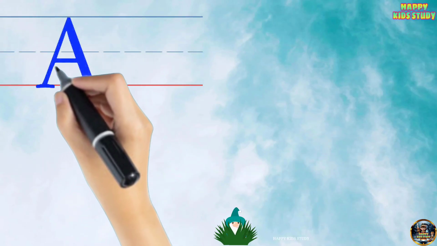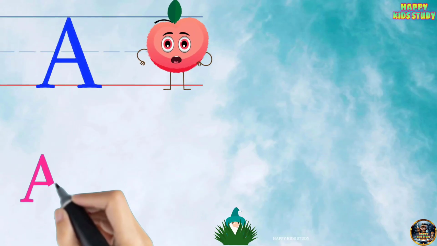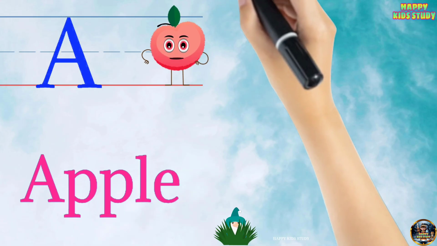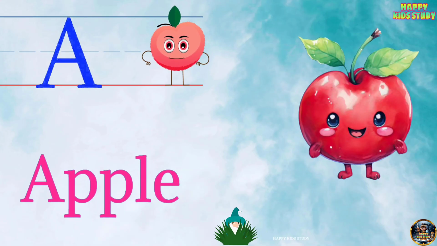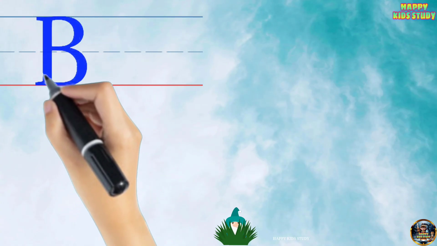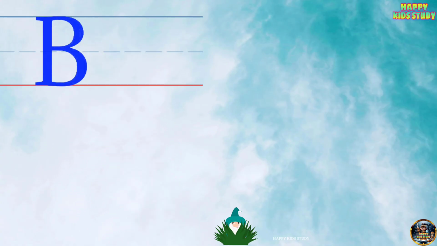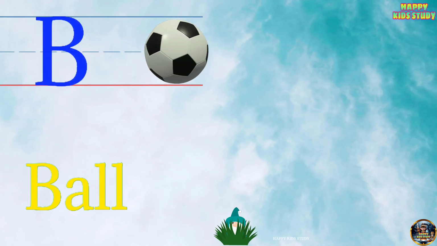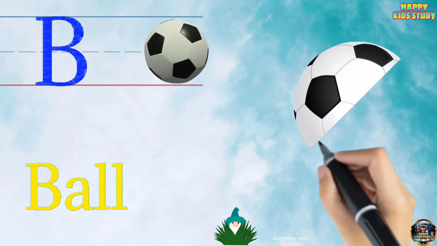A. A for apple. Apple means save. B. B for ball. Ball means gained.